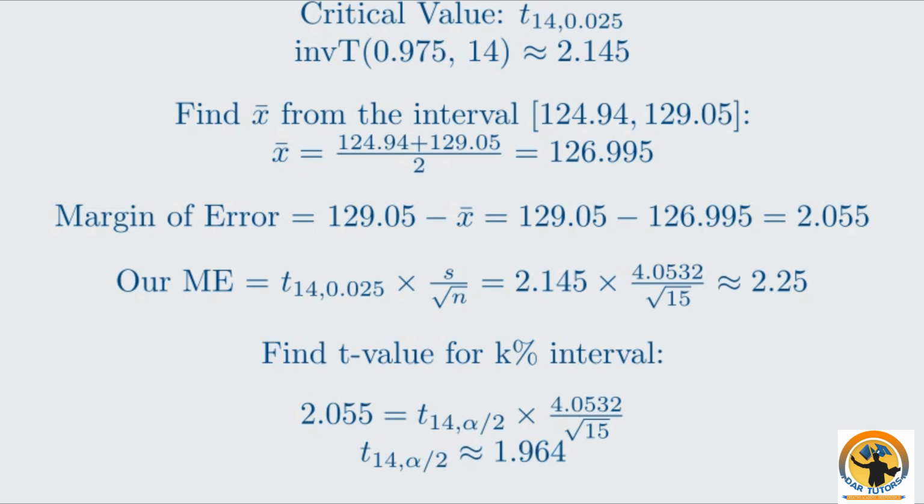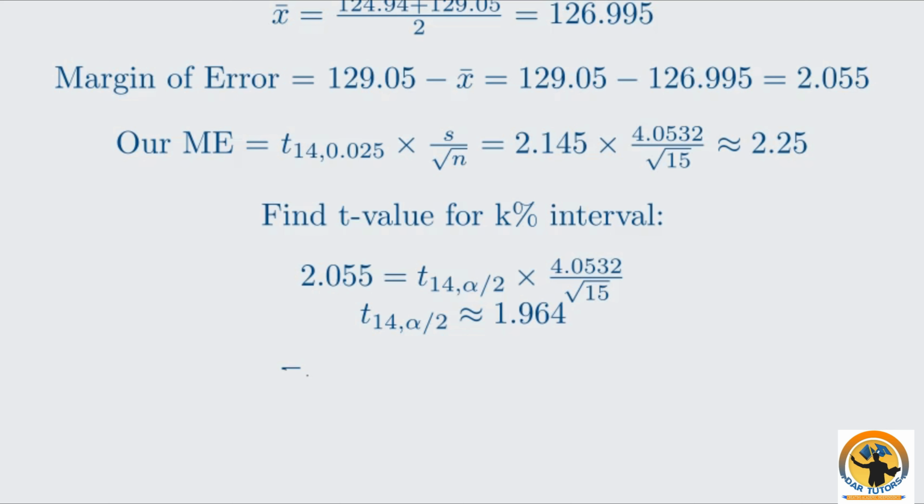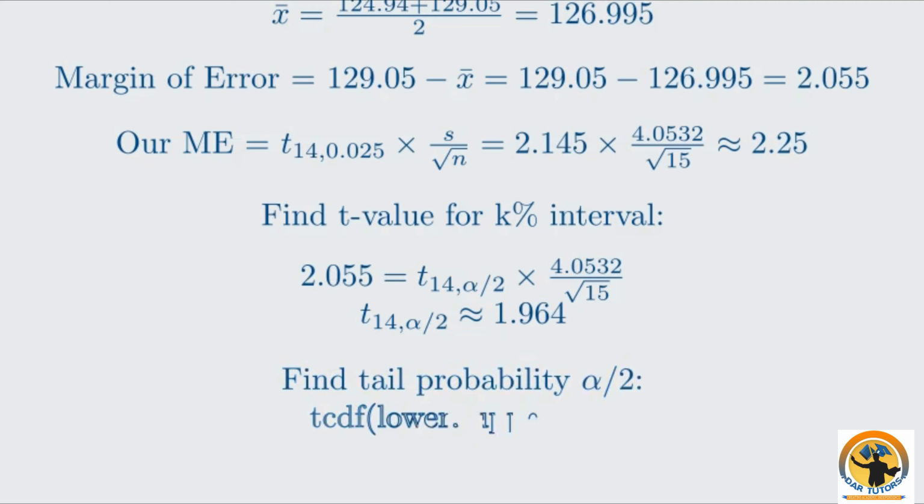Now we need to find what tail probability alpha over 2 corresponds to this critical t-value. We use the TCDF function on the calculator, or use an inverse t-table. On a TI-84, you would use TCDF from the critical value to positive infinity. This gives us the area in the upper tail.